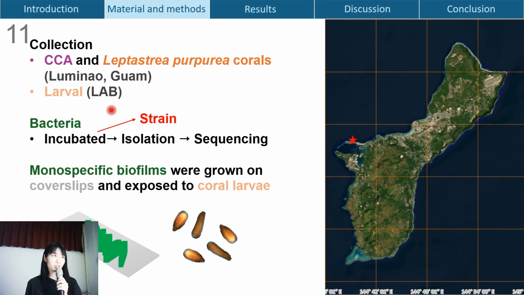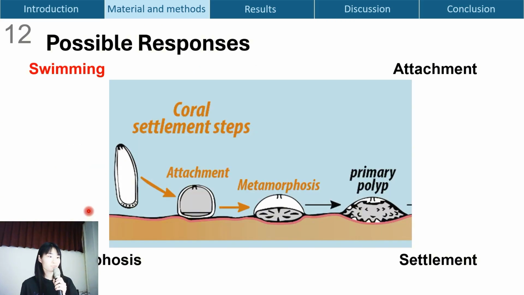They use function instead of characterization, and we need to isolate them into strains and do the sequencing to know their identity. And then we made the cover slips, and we grew the bacteria on them to form monospecific biofilms, and we exposed them to coral larvae.